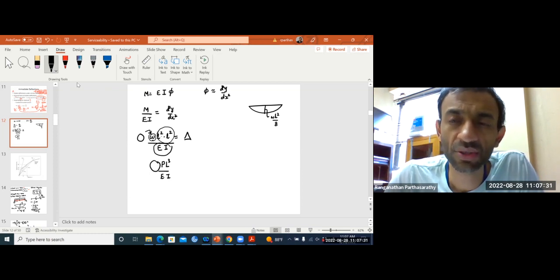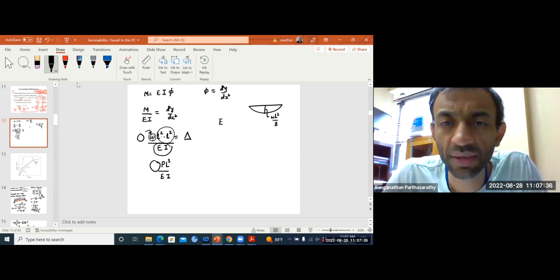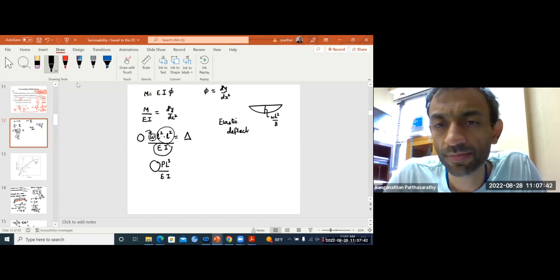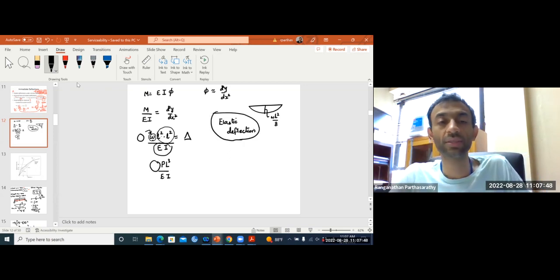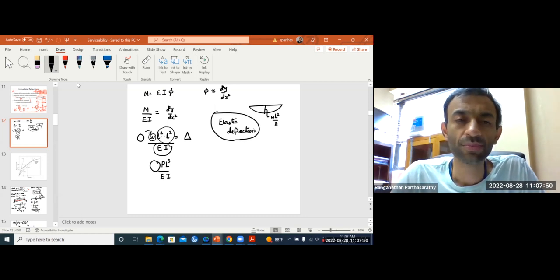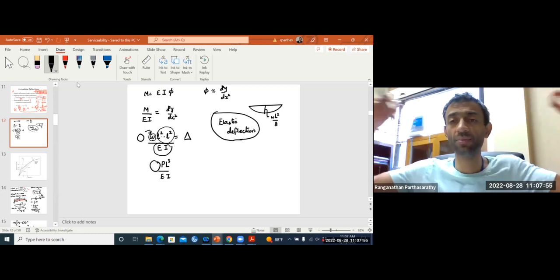So what does your deflection depend on? All this is for elastic deflection. Of course, it depends on the load. It also depends on the span of the beam.